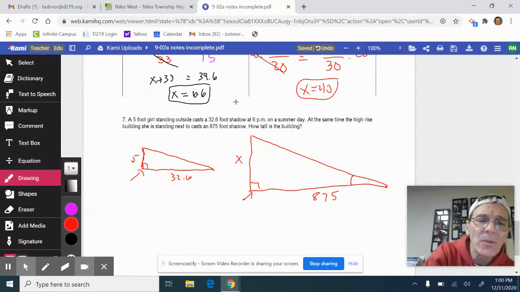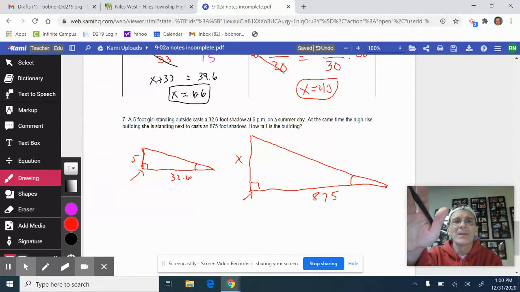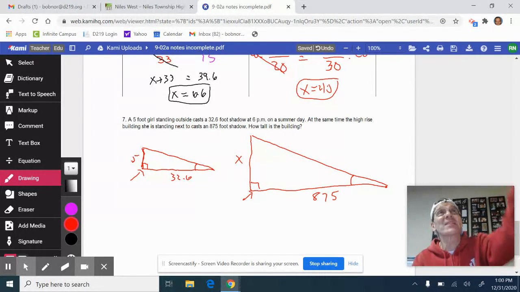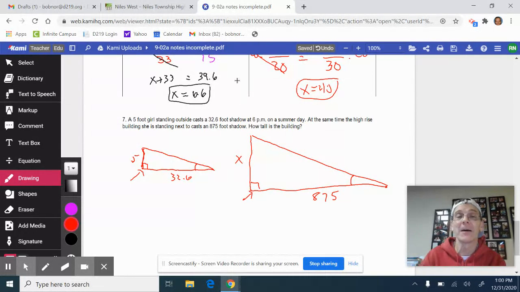Wouldn't the angle up to the sun from this point on the ground be the same? Right? I mean, the sun's in the same place in the sky for everybody. For the girl, the building, the trees nearby, the sun is up at the same angle, no matter where you're standing or how tall or short you are. Okay, so that's how we get a second pair of congruent angles.